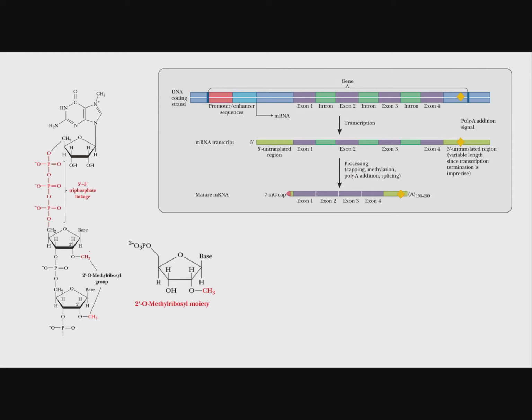What I'm showing you here is some of those base modifications. You can see a methylation of this oxygen, and methylation on this oxygen. This is the 2' methyl ribosyl moiety. So this is what these have turned into, right? Typical base modification.